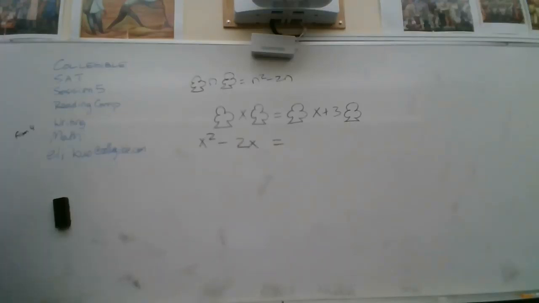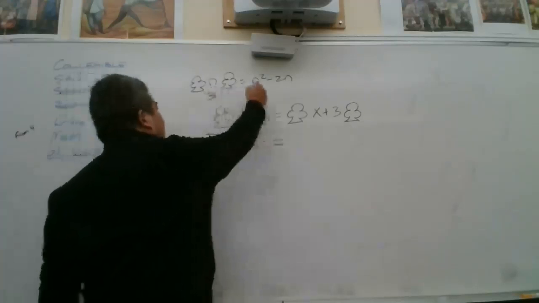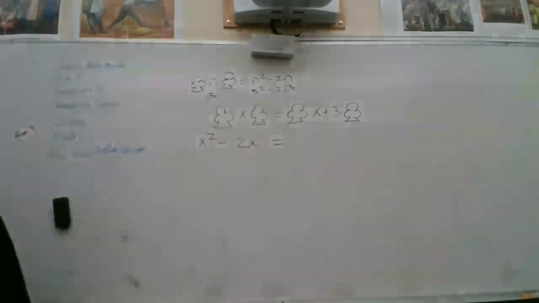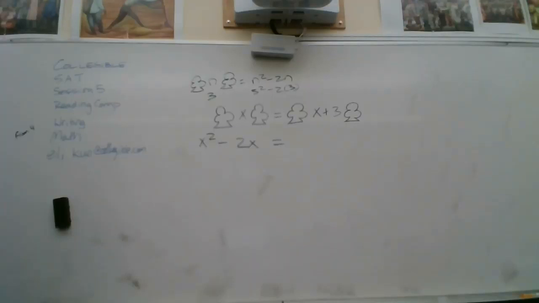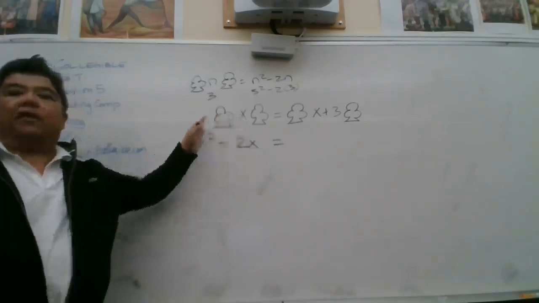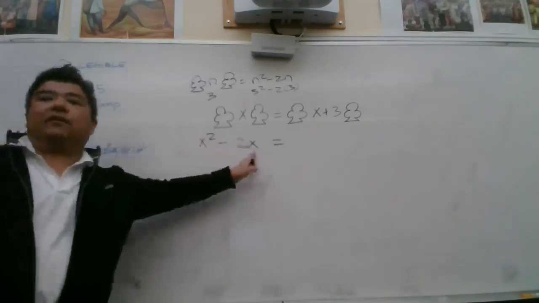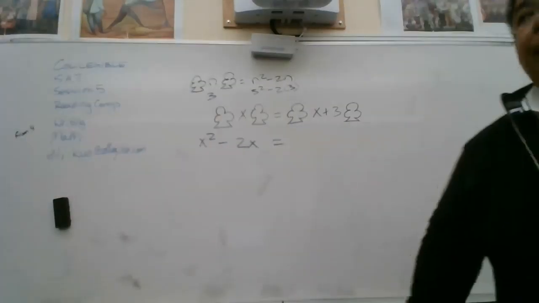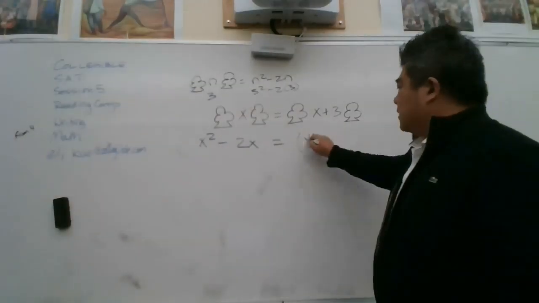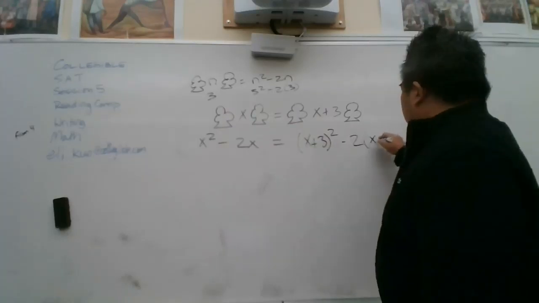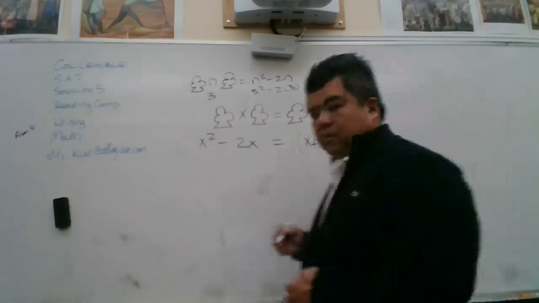Remember I said the same thing with 3? If this was 3, this would be 3 squared minus 2 times 3. But they're not giving us numbers, they're giving us variables. So x in the club formula is now x squared minus 2x, because n in the club formula is x plus 3 squared minus 2 times x plus 3.